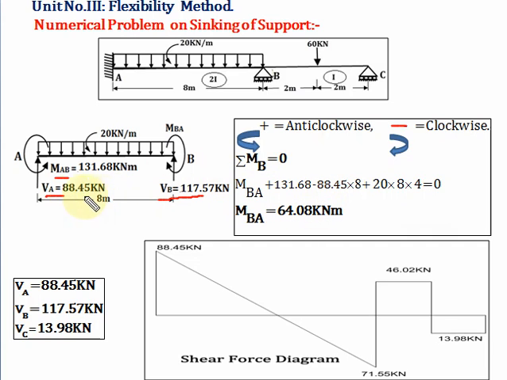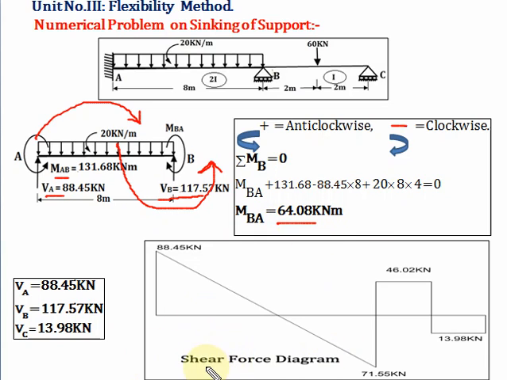Okay, then 88, this will act in clockwise direction, so minus 88.44 into the length is 8. Okay, so this UDL will act in anti-clockwise direction, so plus 20 into 8 and the half of is 4. So here we'll get the value of MBA.